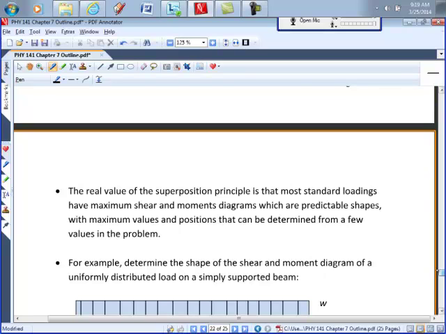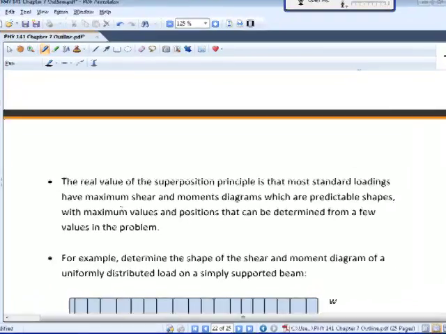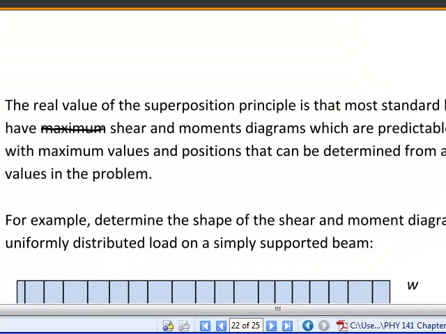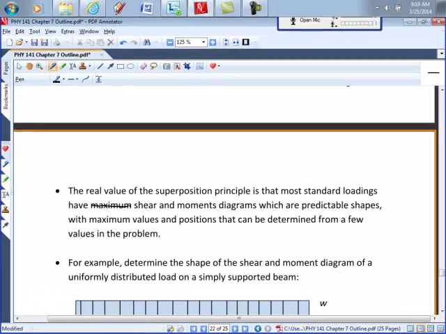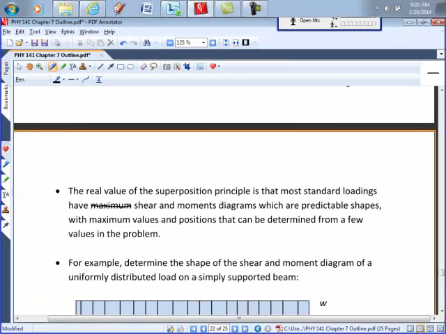The real value of the superposition principle is that most standard loadings have shear and moment diagrams which are predictable shapes with maximum values and positions that can be determined from a few values in the problem. So we're going to come up with the standard shape for this uniform distributed load, and then we'll see how it compares with tabulated values.